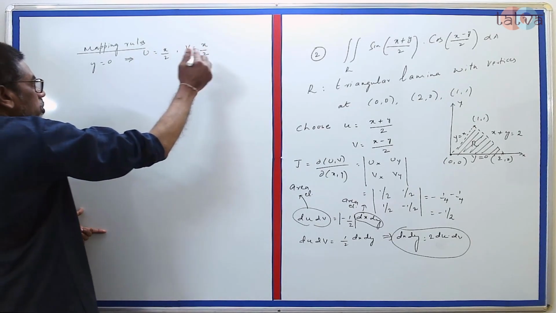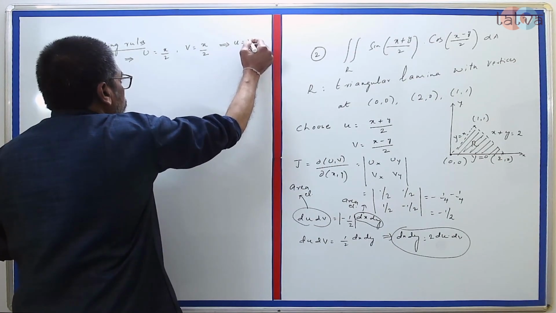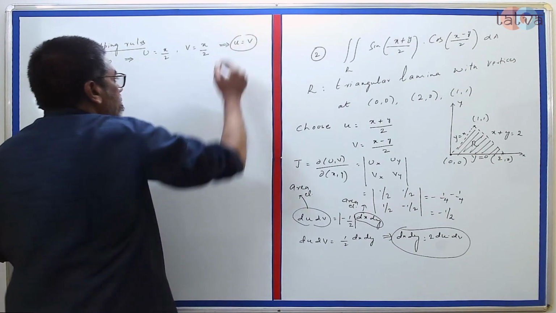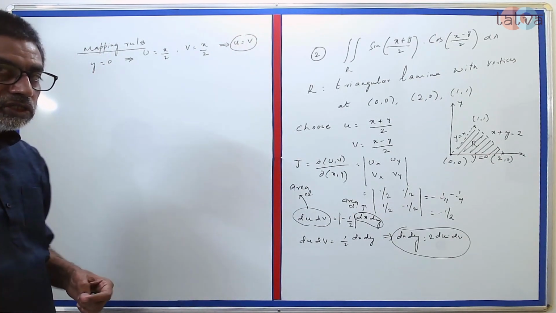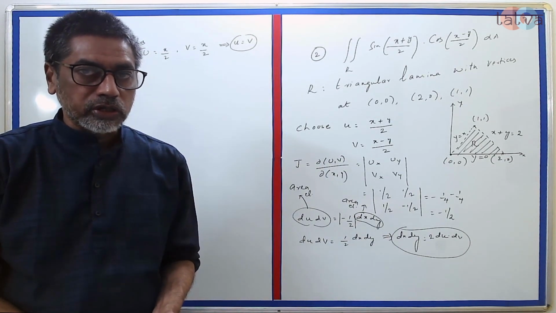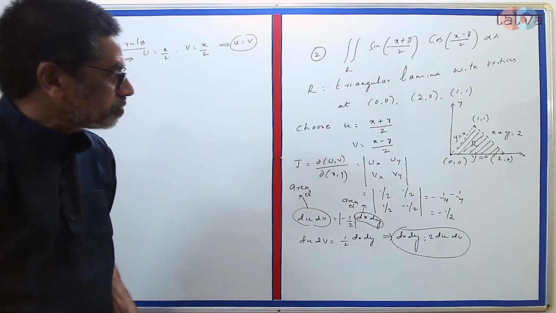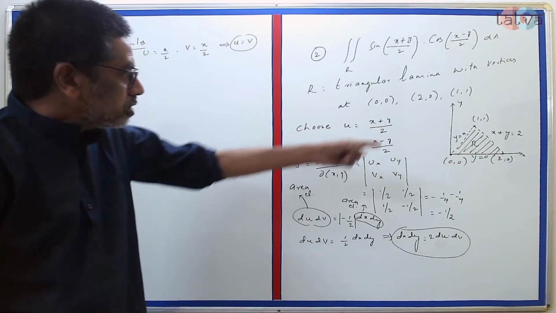Eliminate x from these two equations and you will get u is equal to v. U is equal to v is very similar to x is equal to y. So this must be a straight line through the origin, equally inclined to both the u axis and the v axis. Then I take y is equal to x.